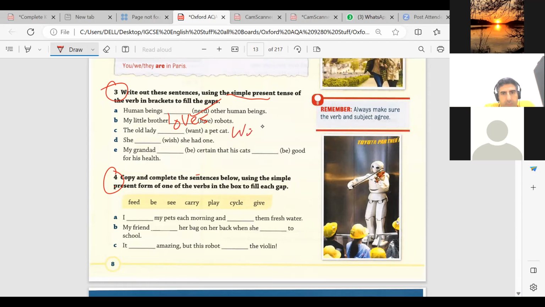Yes, only S. Perfect. She wishes. Yes, ES. Perfect. My granddad is certain that his cats are good. Well done. Khalid, you have the same answers?